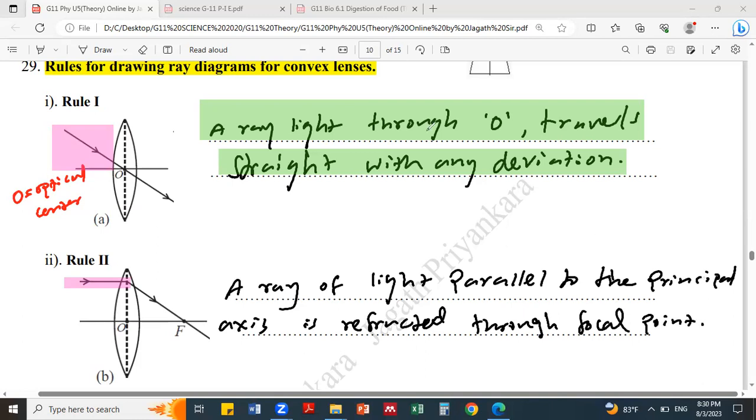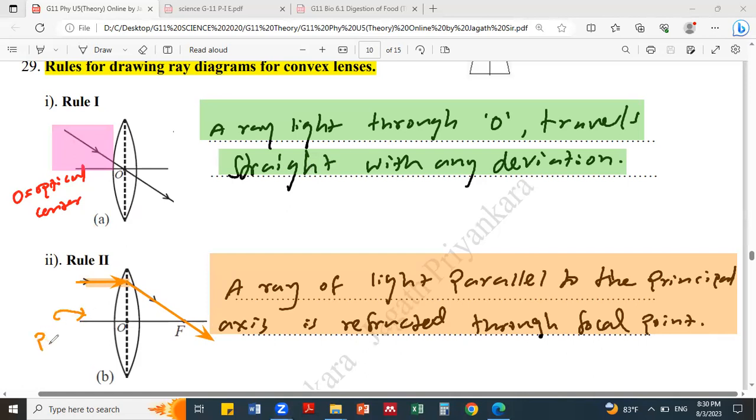Is that clear, everyone? A ray of light parallel to the principal axis passes through the focal point after refraction. Highlight the incident ray and the refracted ray in different colors. Here O is optical center. This is the principal axis. Earlier also I told the same thing.